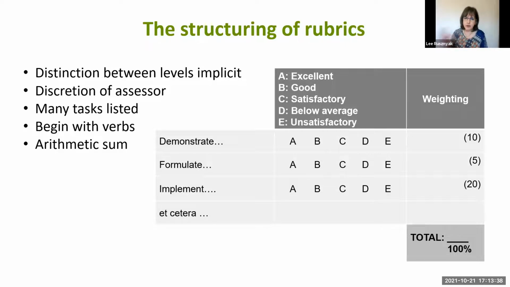So, you need to demonstrate this, and that has a weighting of 10 or 5 or whatever it was. And then those are added up. And then the final percentage of the student is given by this arithmetic sum of whatever scores they've got against each one of the tasks.